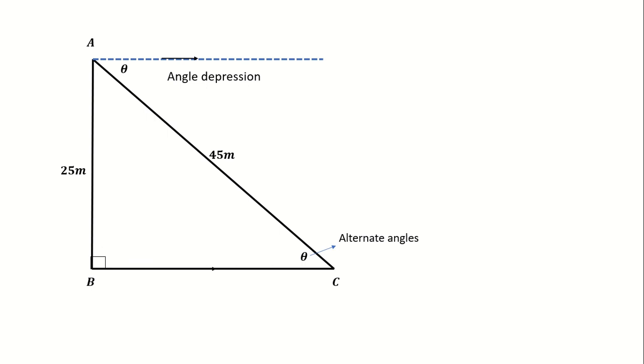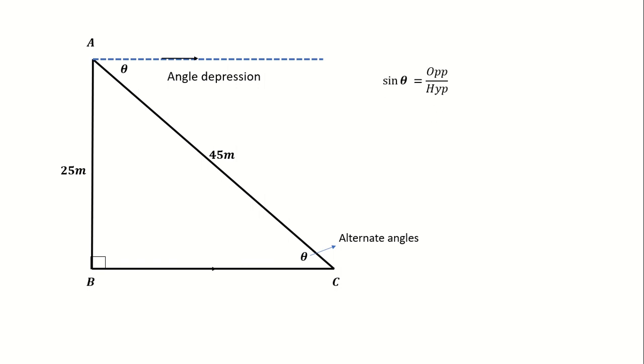Which ratio will combine those? Opposite to theta, we have 25 meters. Hypotenuse, we have 45. The only ratio that combines opposite and hypotenuse is sine.